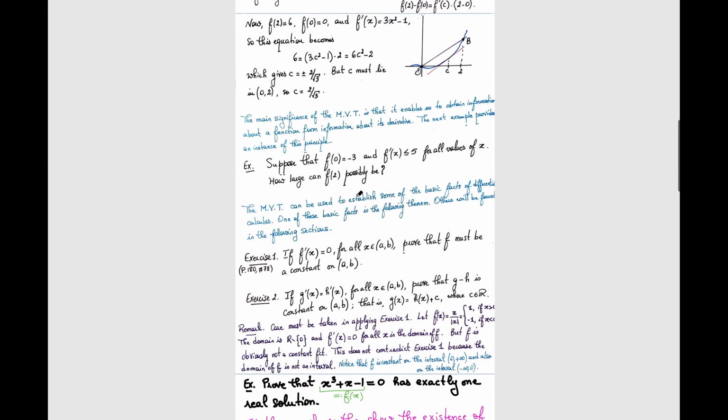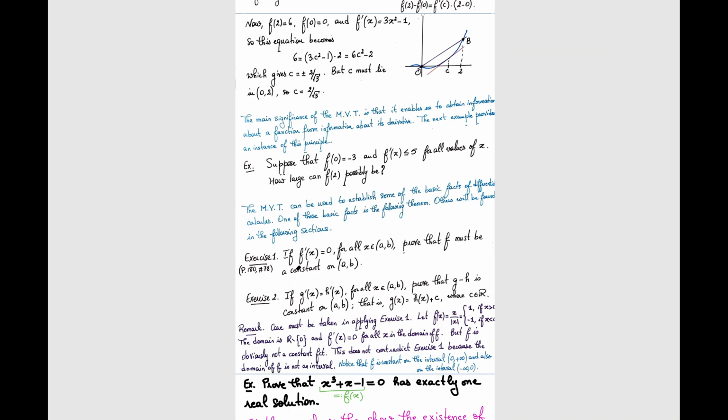Where were we here? Okay. All right, so we answered this question. The last two exercises in this section, with the help of the mean value theorem, we can establish some of the most basic facts of differential calculus. One of these is mentioned in the next couple of exercises, and the rest are in future sections.